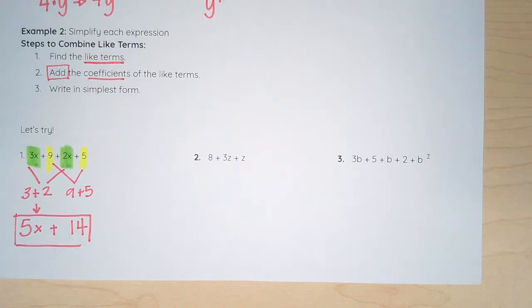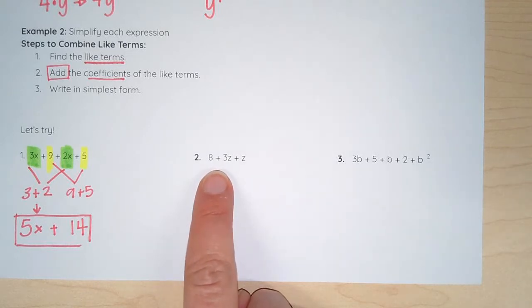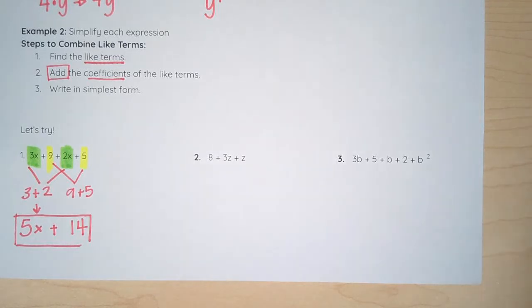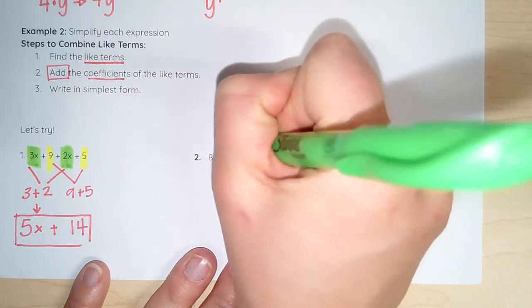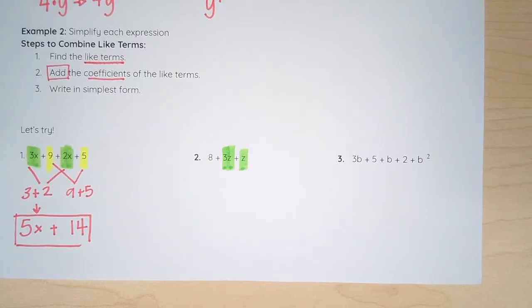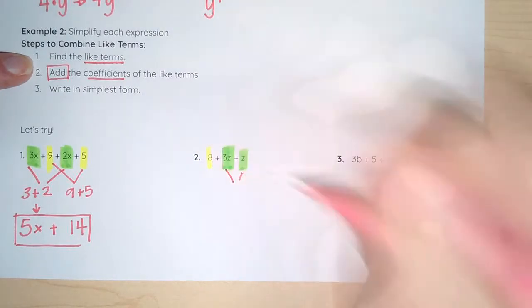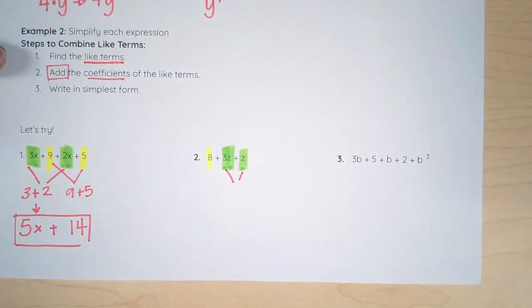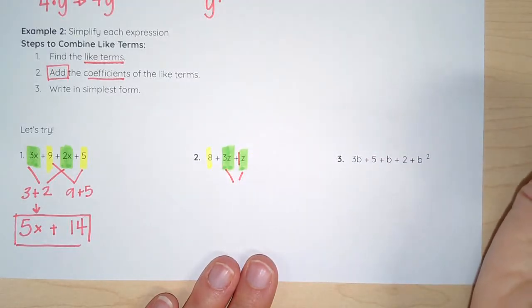All right, let's take a look at another example here. Here we've got 8 plus 3z plus z. I like to start with my variables. So here I have 3z and z, and then those can be combined. And then 8's off by itself, so that can't be combined. So I've identified my like terms. Now I'm going to add my coefficients. Now here's where we need to remember, this is super important, that z has a coefficient of 1.